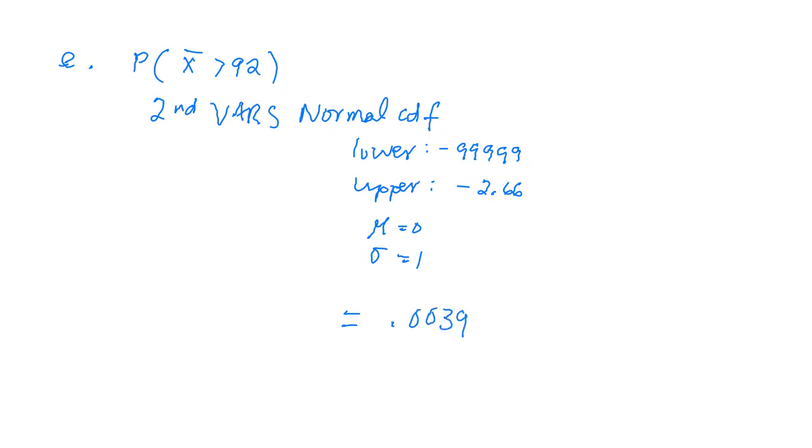And because this is greater than, we use the complement rule. So you have 1 minus 0.0039, which is equal to 0.9961.